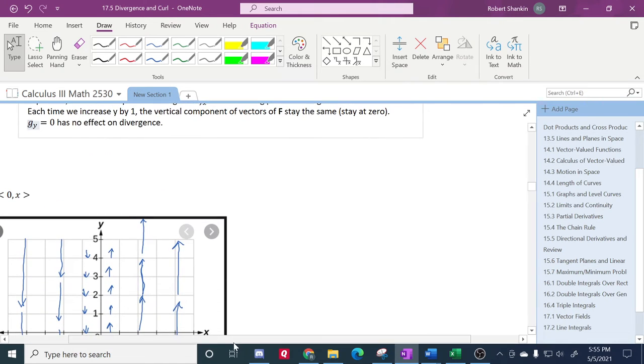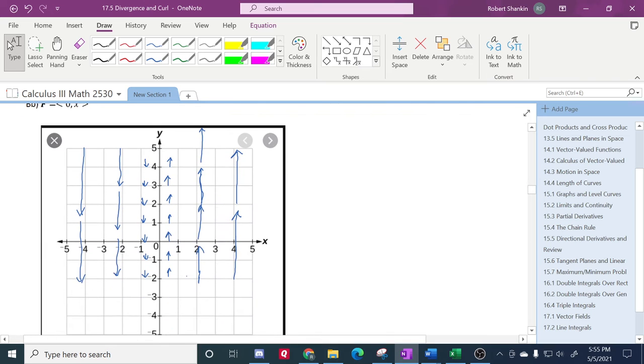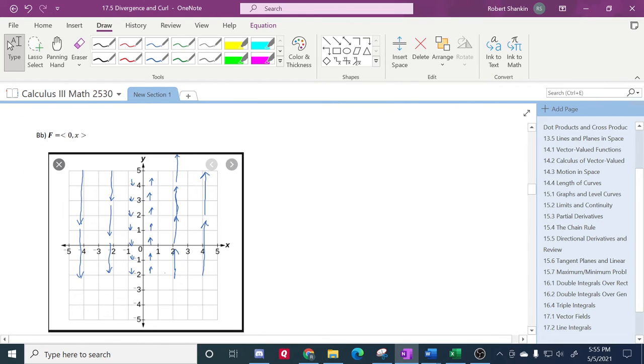All right, let's go to the next situation. Cap F equals 0, x. And this is what it looks like. And this time, the horizontal portion of every vector is 0, so all the vectors are strictly vertical. And the verticalness depends on your x position.